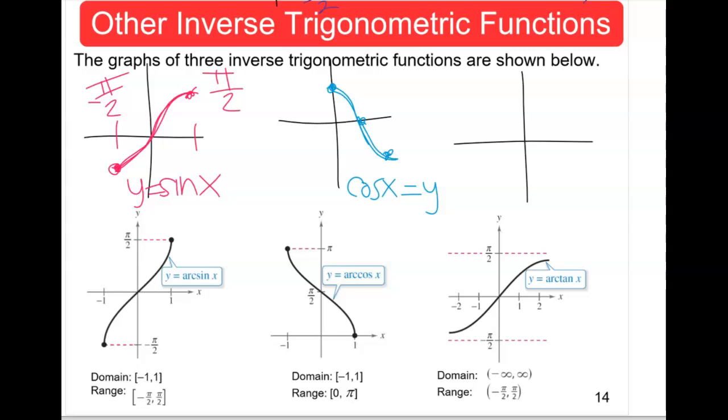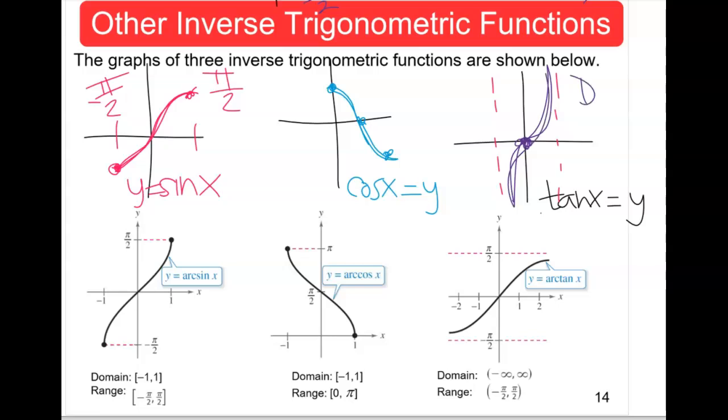And then finally, for the tangent of x, we took the part that was in between the first two consecutive vertical asymptotes, one from the left and one from the right of the y-axis. So that's what we took.